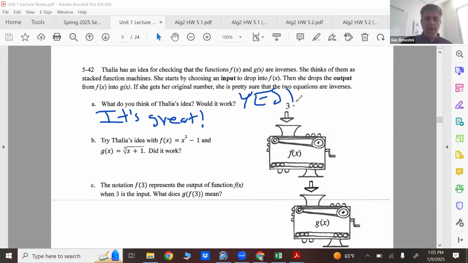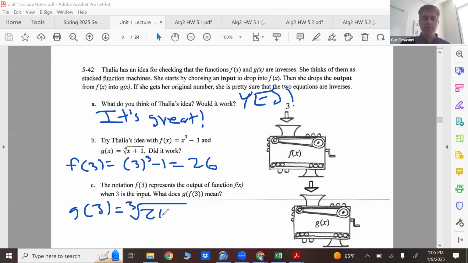Okay, so let's try it. So let's plug in a number. So let's plug in 3. Tell me what we get when you plug in 3. Now, let's plug that into g.